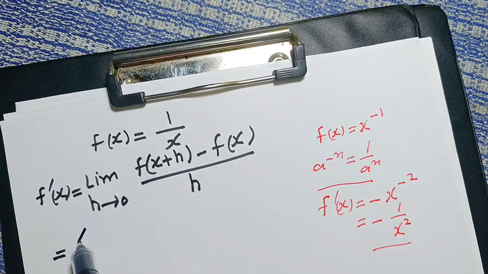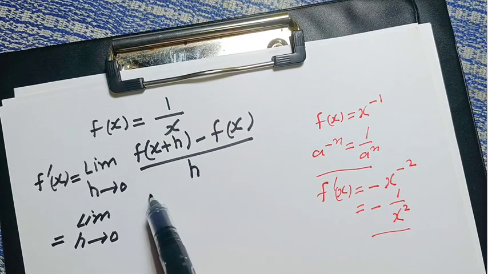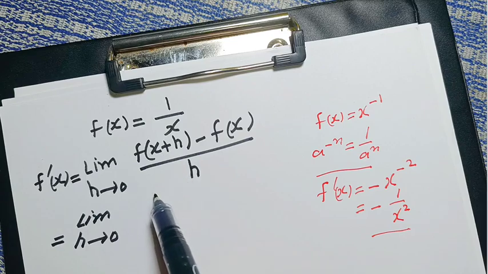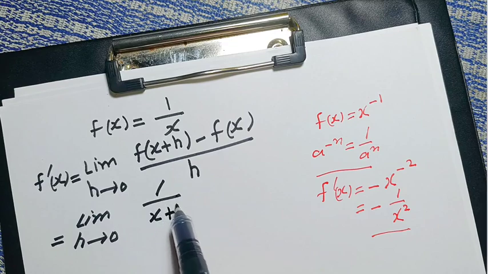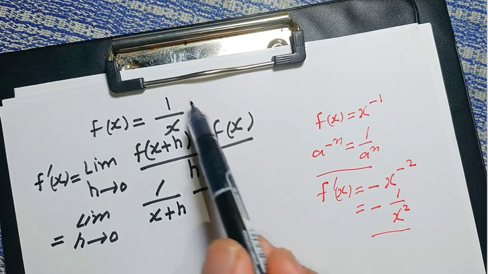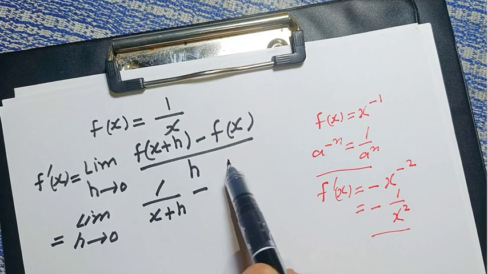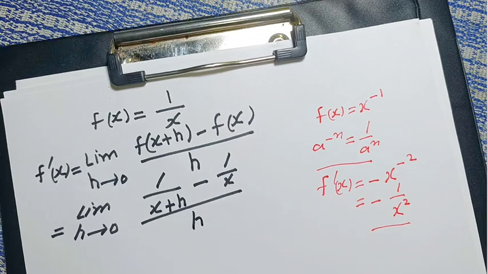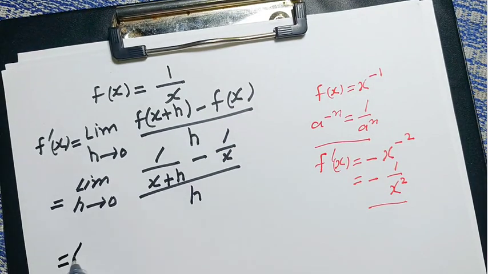Now, the limit as h approaches 0: in place of x we add x plus h, so it's going to be 1 over x plus h, and minus f of x, which is 1 over x, all over h. Now again, the limit as h approaches 0.